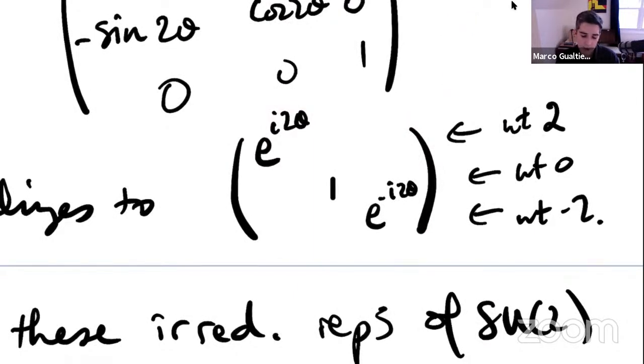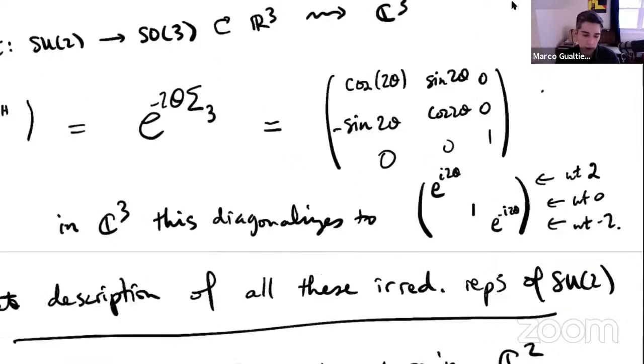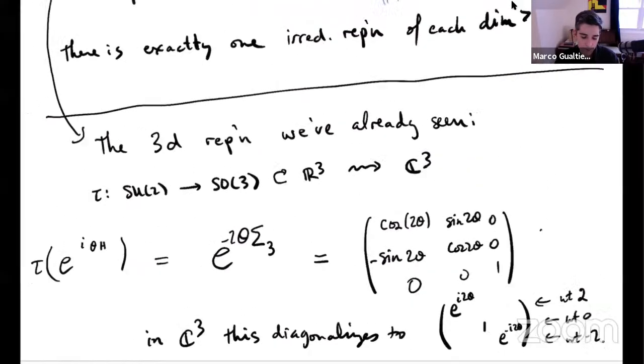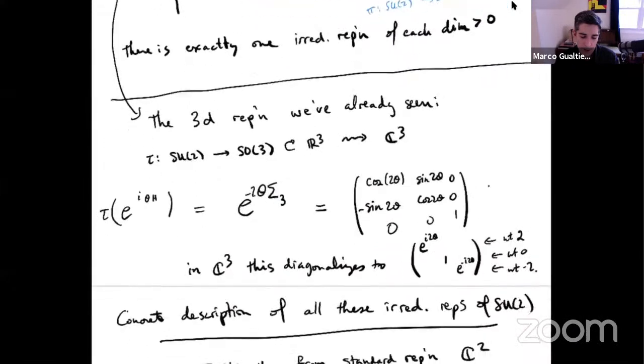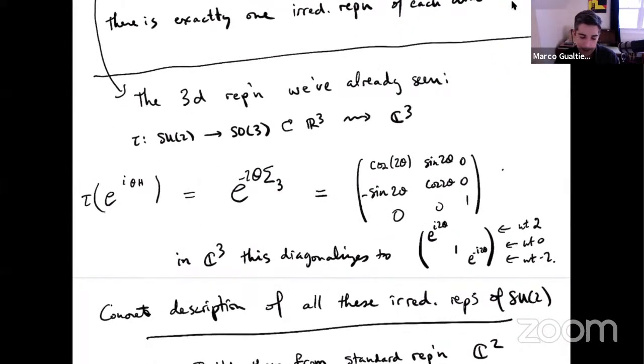So in this case, -2 sigma 3 is similar to a matrix that looks like... no, sorry.